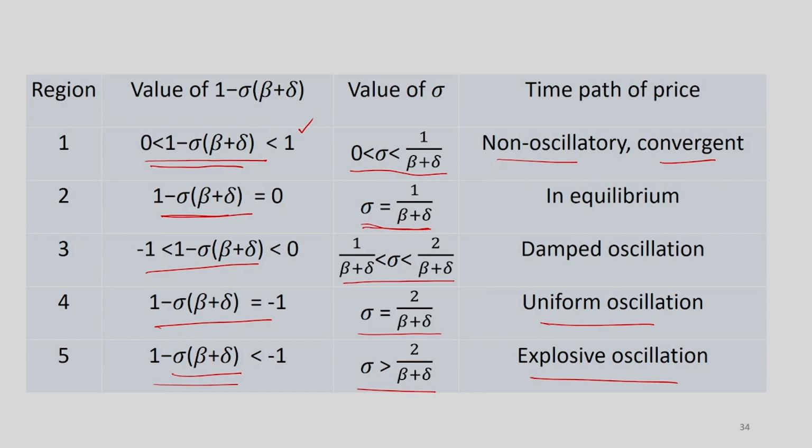Now, out of these 5 cases, therefore, we have these first 3 as stable, right. In these cases, you have convergence or you are always in equilibrium, whereas the last 2 are not stable.